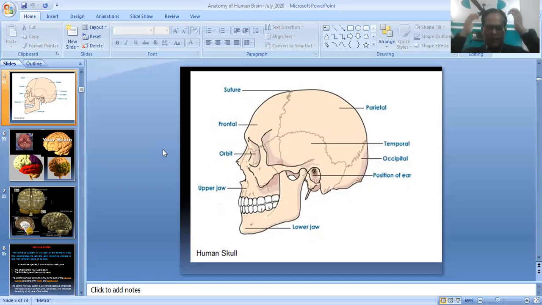On this side, the brain is divided into frontal, parietal, occipital, and temporal parts. Here we can divide and open this one too. We have the parietal part, temporal part, occipital part, and this upper jaw and this lower jaw. Everything comes under that.